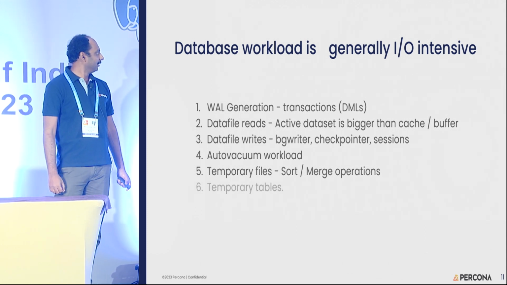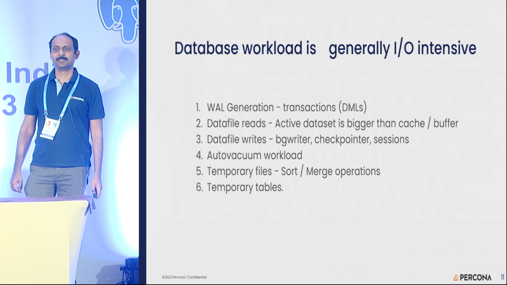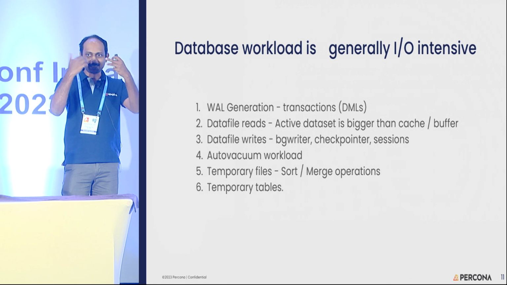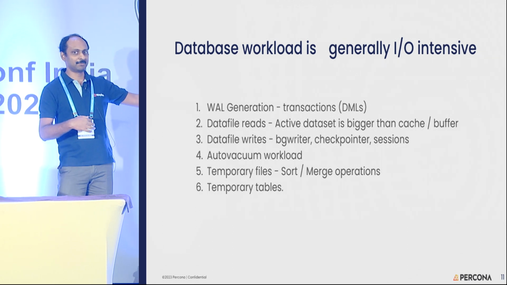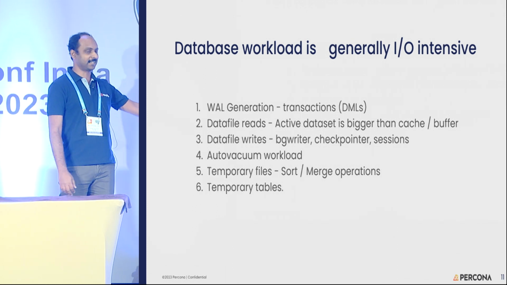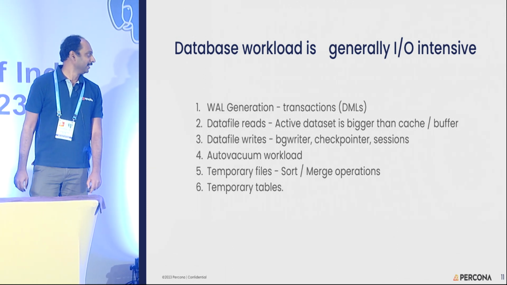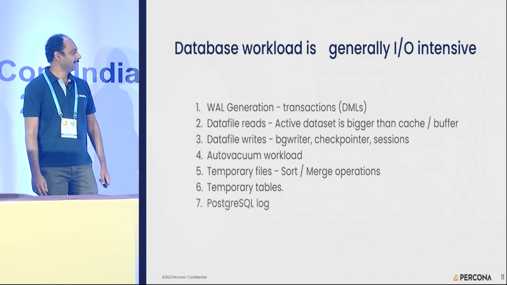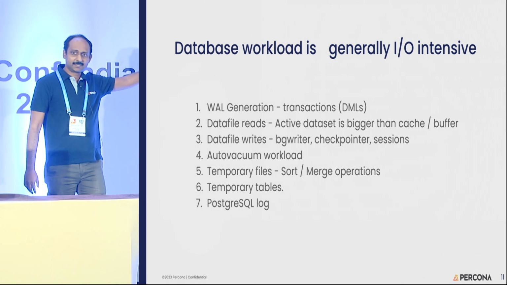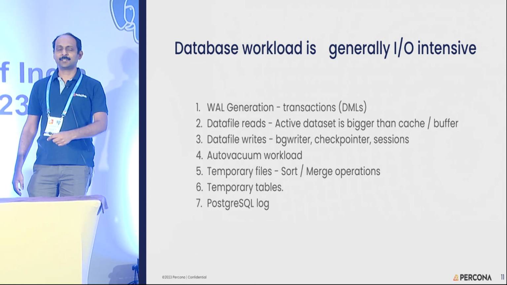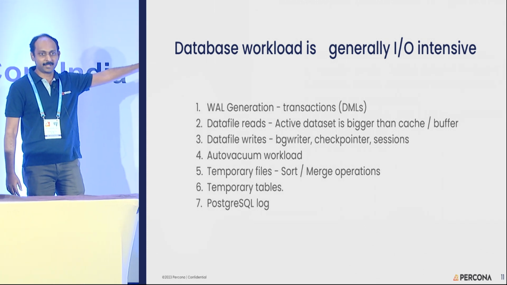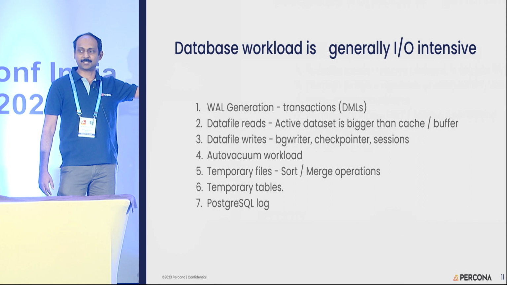And then temporary tables, because we should understand that people are moving from other databases to Postgres, and they think that temporary tables work as well as in other databases, but they don't. There are problems with the Postgres way of implementing temporary tables. And finally, the Postgres logs. These are just a list of things which are causing I/O. I didn't cover everything. There is a lot more I/O happening in the system.